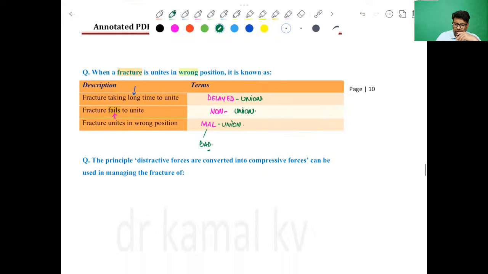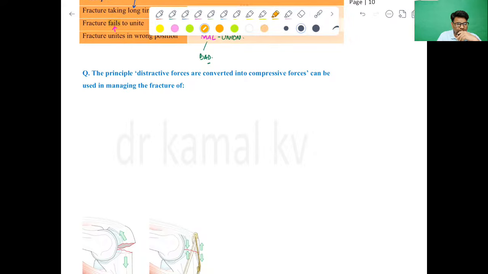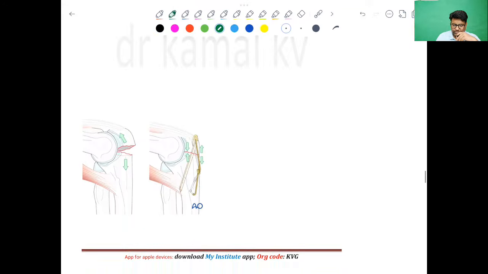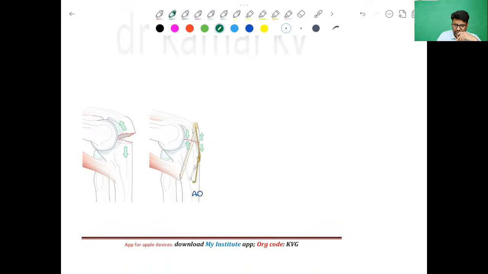Clear? Now moving forward to one surgical principle, that is destructive forces are converted into compressive forces. What is this principle and where is it used? Usually, suppose here we are seeing a case of fracture olecranon, right? This is a fracture olecranon, and this is the triceps muscle which is attached to the olecranon process.